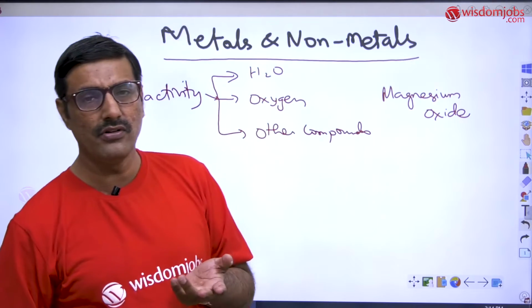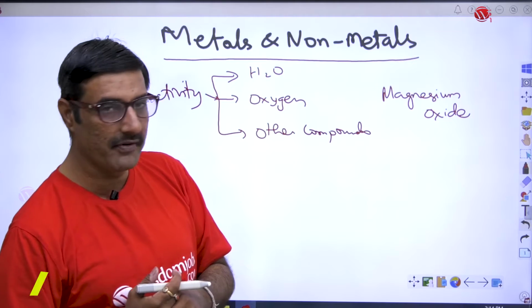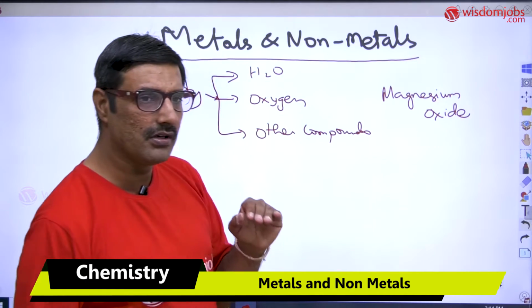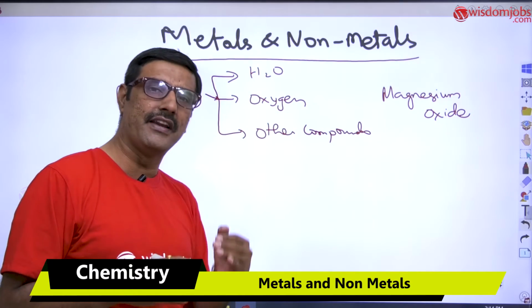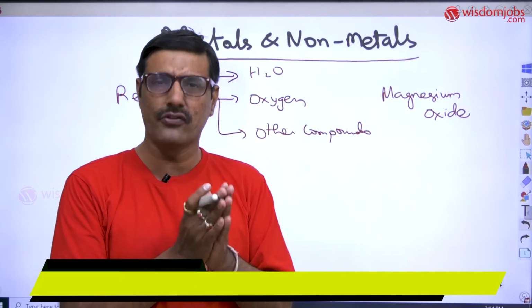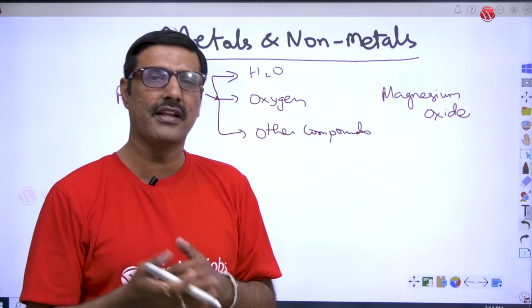Similarly, take a piece of calcium and heat it, then you will form calcium oxide. So some metals are very highly reactive with oxygen, like sodium and potassium, and some are not so readily reactive but they react with oxygen and form their respective oxides.